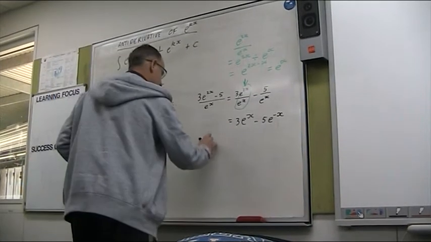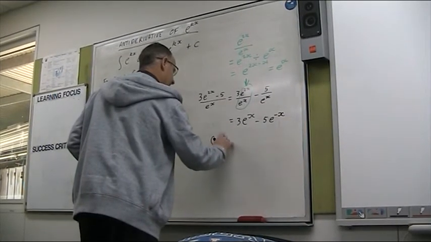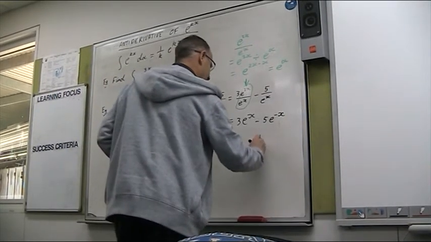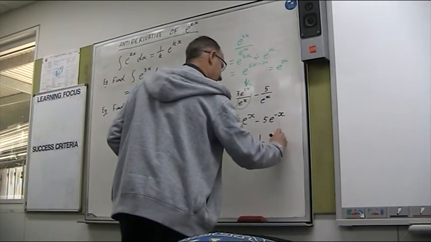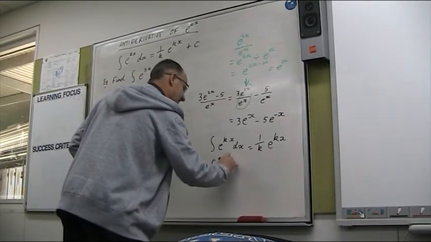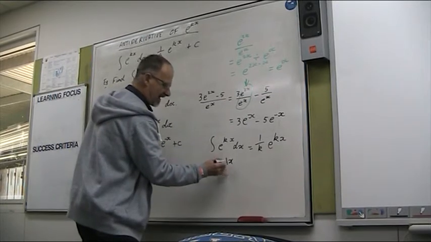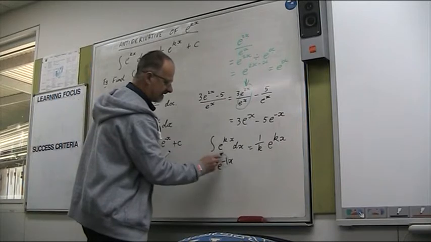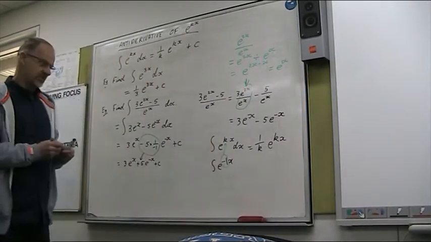From the rule. So the integral of e to the kx dx is 1 over k e to the kx. And e to the minus x is e to the minus 1x. So the k is minus 1, isn't it?